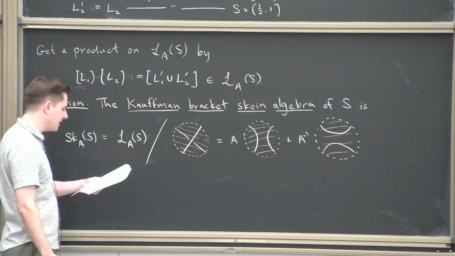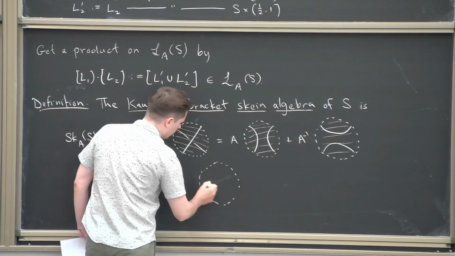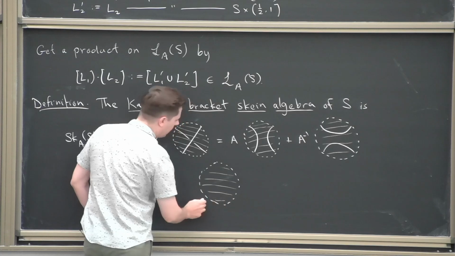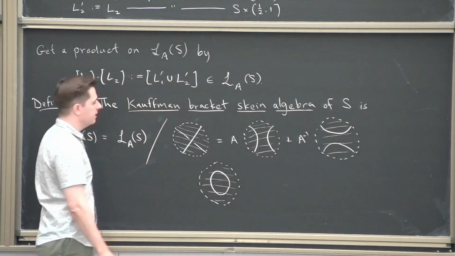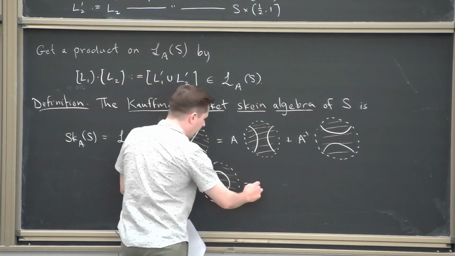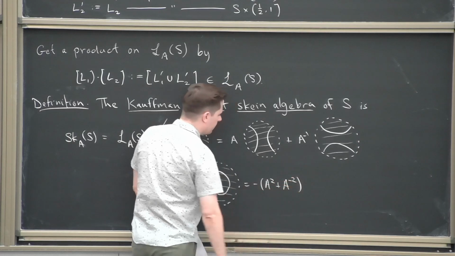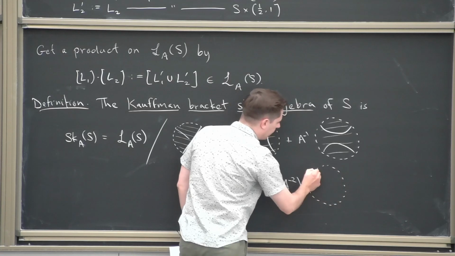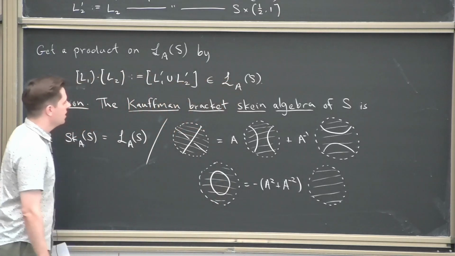That's the main skein relation, and then there's one more, which is saying that if again we have a neighborhood like here, and then there's a link with a component that's just an unknot, an embedded unknot in the 3-manifold, then that can be replaced by the expression minus A squared plus A to the minus 2 times the link that we get by deleting this component. So those are the skein relations.